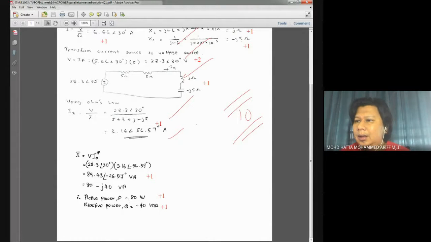It's okay. But make sure you put the conjugate value. And remember, to calculate the power, you need the RMS value of voltage and RMS value of current. That is where Hadif made a mistake just now, because he didn't convert from peak value into RMS value.